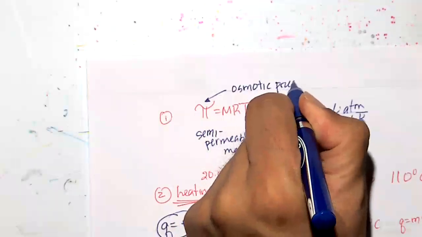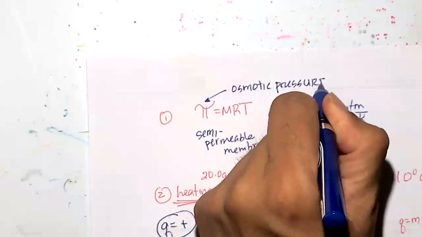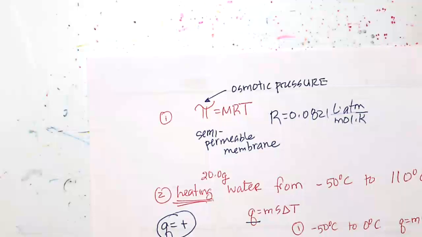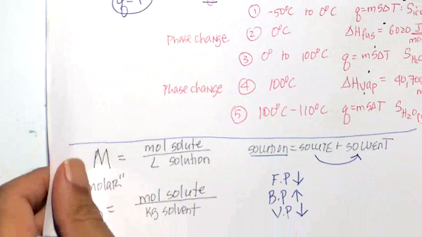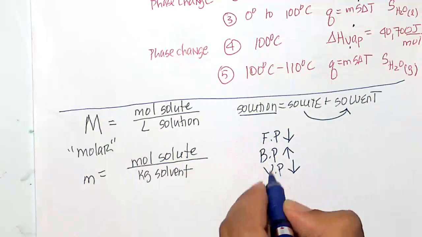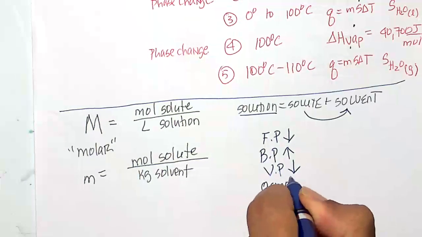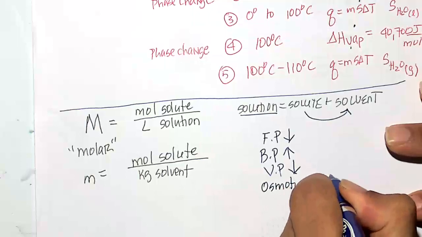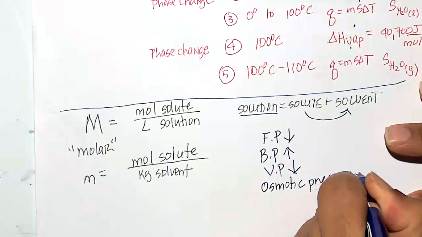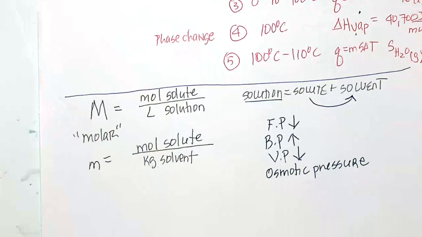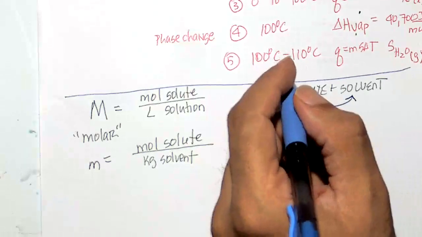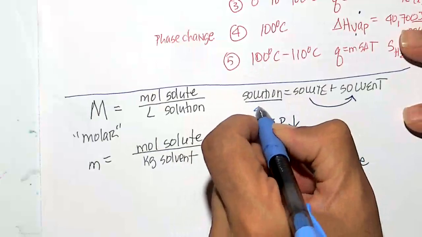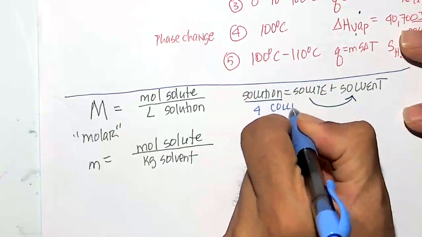And that's the fourth colligative property. So these are called colligative properties. Okay, no matter what the solute is, this will always happen.